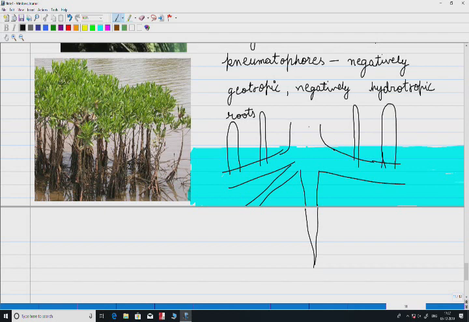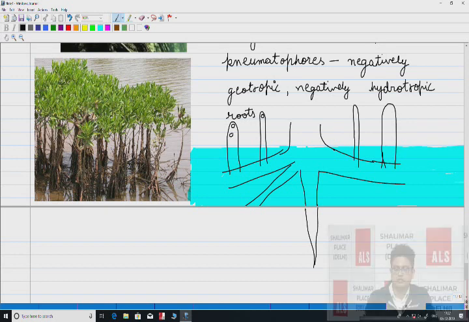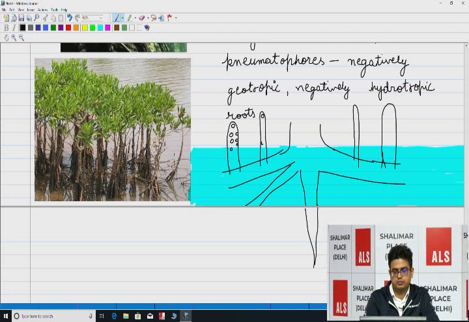Okay, and these roots have some special pores in them, and these pores are situated only above water. This root is called pneumatophore.